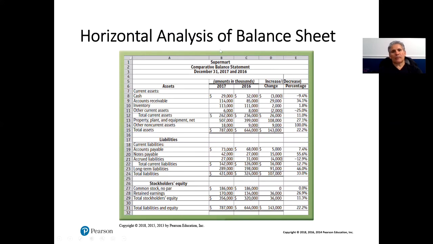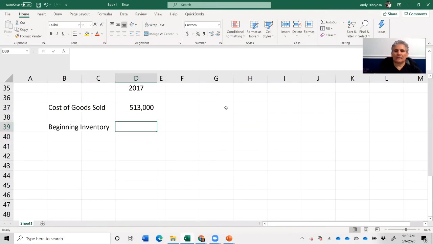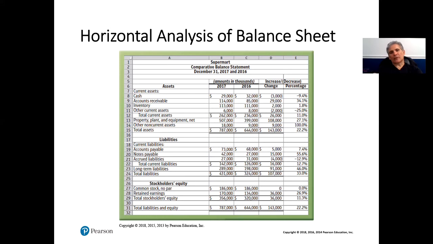Yeah, we'll go to the comparative balance sheet. Inventory is $113,000, but that's not our average. So what we're going to do is figure out, well, what was the beginning inventory? The beginning inventory was equal to the ending inventory from the prior year. The ending inventory for the prior year was $111,000.